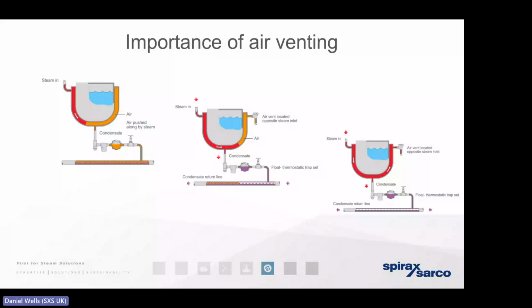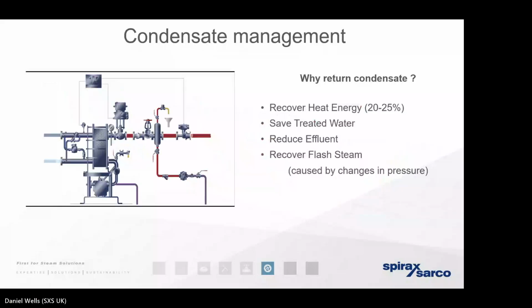So one of the questions is, well, why do we need to recover that condensate? Well, as we mentioned right at the start of the presentation, when we looked at the steam tables, there's a significant value to that condensate if we can get it away from the process and if we can get it back to the boiler house. It's hot water, and it's chemically conditioned hot water at that.